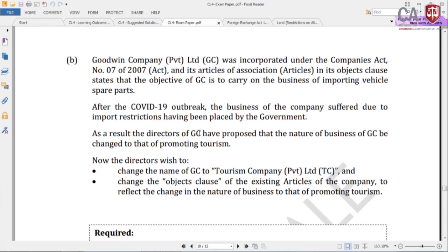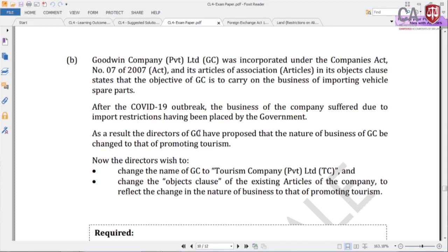Godwin Company Private Limited was incorporated under the Companies Act 7 of 2007, and its articles of association in its objects clause state that the object of GC is to carry on the business of importing vehicle spare parts.